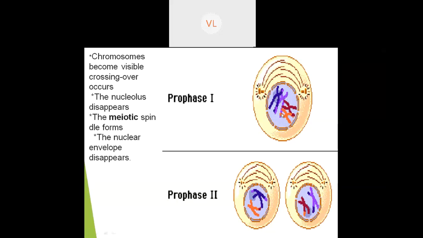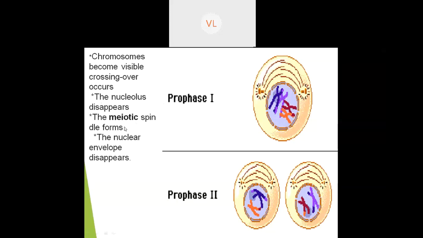And also in this prophase 1, the nucleolus disappears. Also, the meiotic spindle forms.